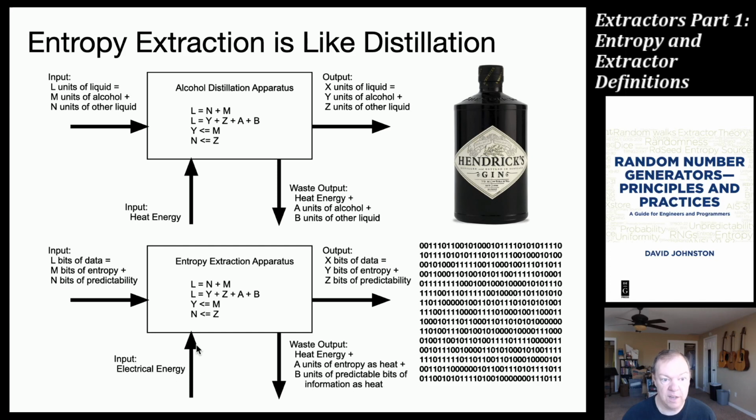And instead of inputting heat, we're inputting electrical energy, which ultimately turns to heat. So we can understand what entropy extraction is as being like a distillation process. And I would have been happier if it had become the standard thing to call entropy extractors entropy distillation algorithms, because I think it's a much more descriptive term.